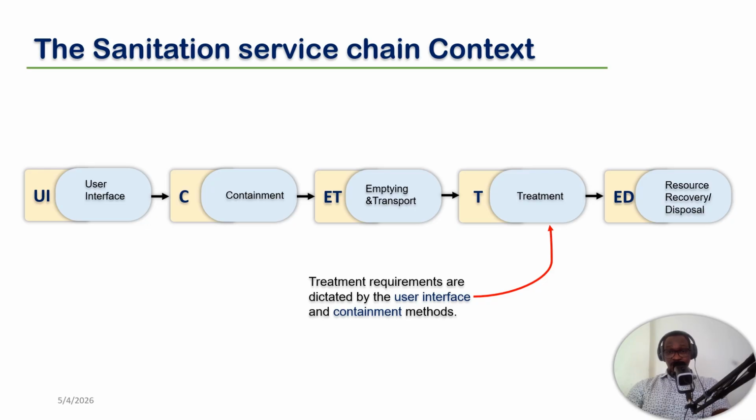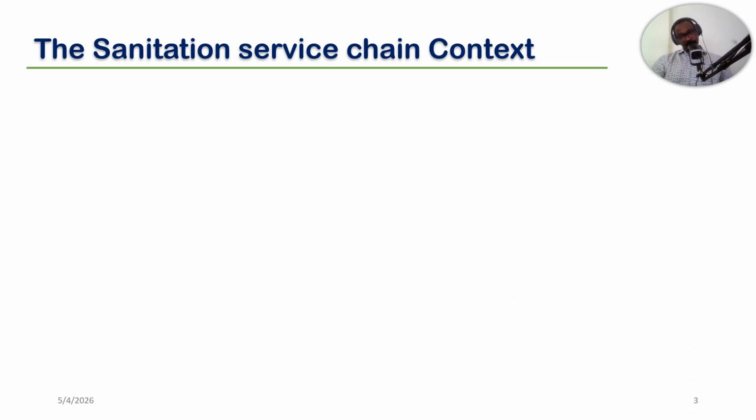Water plays a crucial role in the sanitation value chain availability. That's why when you talk about WASH, exclusion of water or sanitation is not something that you can afford to accept.